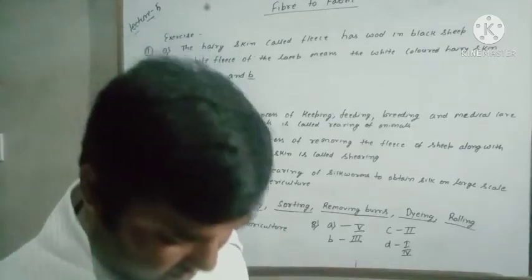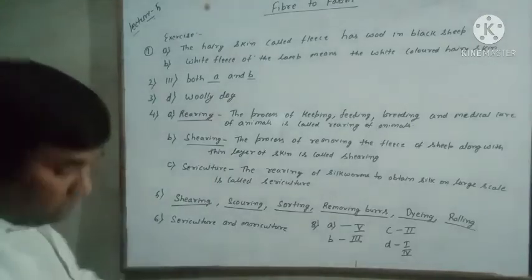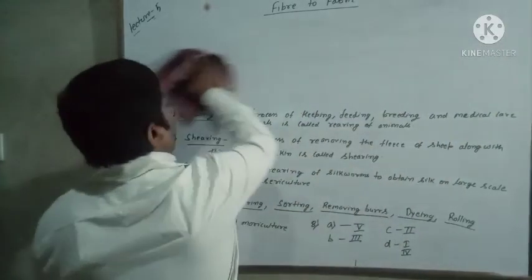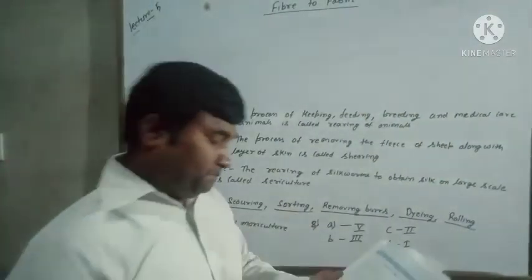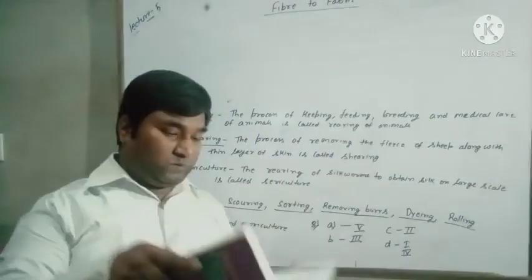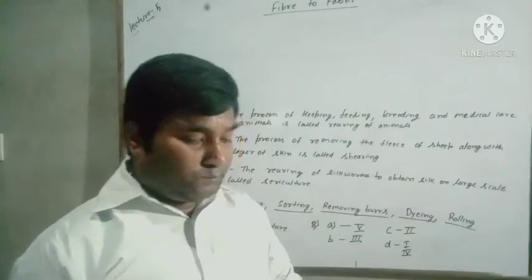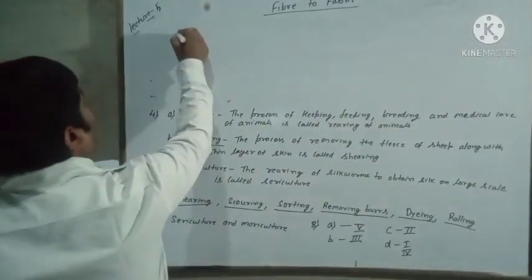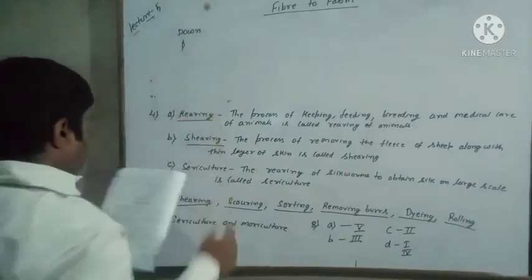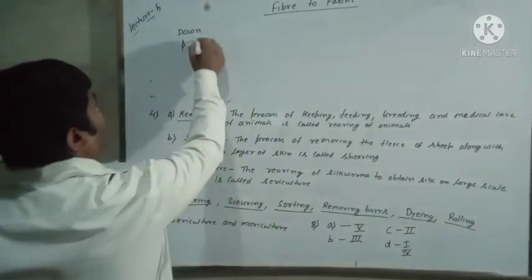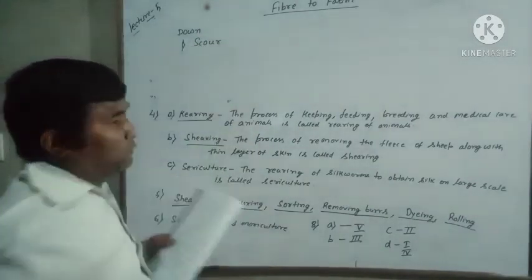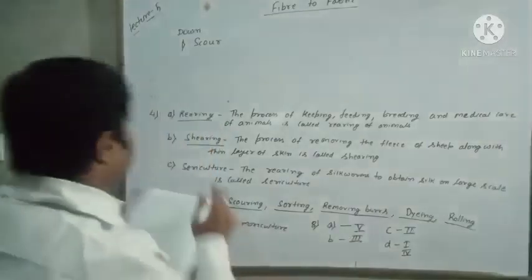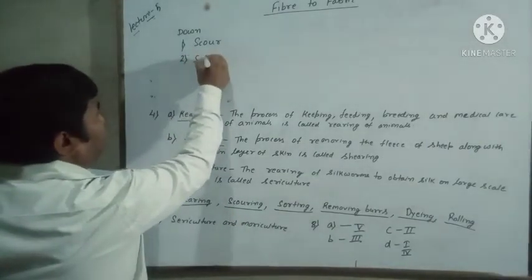Okay? And one more question is there. That we will see. So, question number 9. Thorough washing. So, down. First, cleaning means to clean thoroughly. Scour. Animal fiber, second, that is silk.